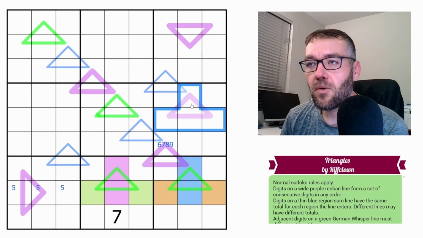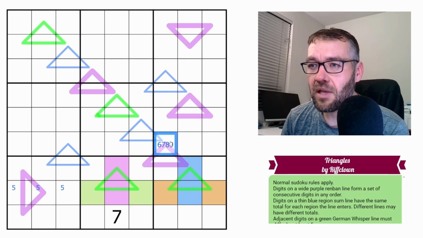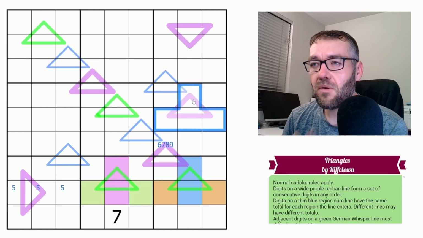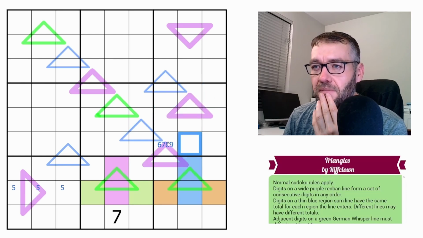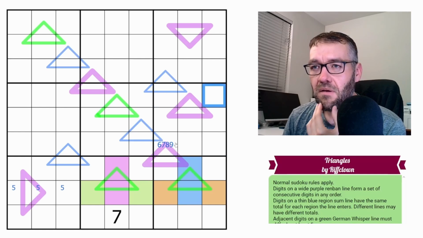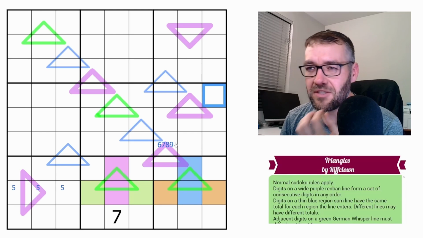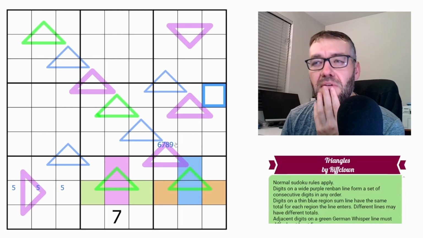But 9 can't go on this one because it would take up all of these numbers. So 9 cannot go on this Renban. And it can't go here. But it could still go here. It's either going on this row down here or right there. But again, that doesn't tell us a ton. It's interesting, but it doesn't tell us a ton.